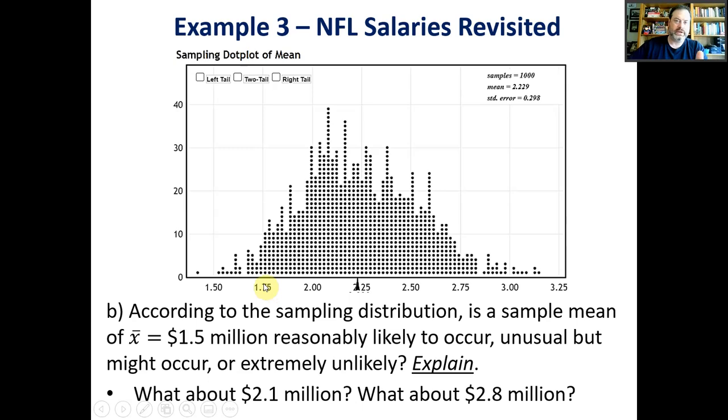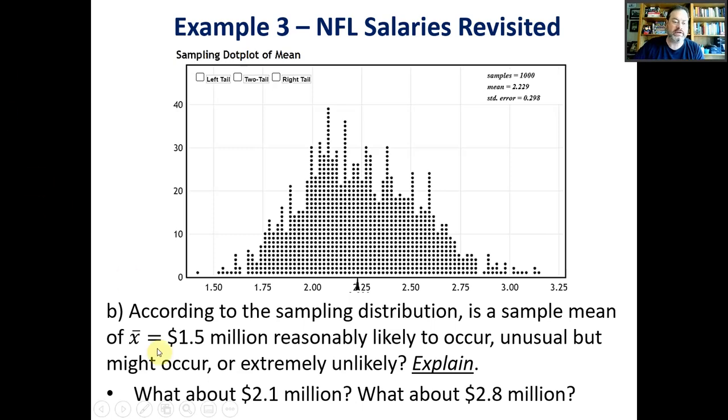So the way that we do this is if it's comfortably inside the 95% rule, then it's reasonably likely. If it's near the edges of the 95% rule, it's unusual but might occur. If it's way out in the tails of the distribution, so if there's only a couple of dots out there or no dots out that far, then it's extremely unlikely.